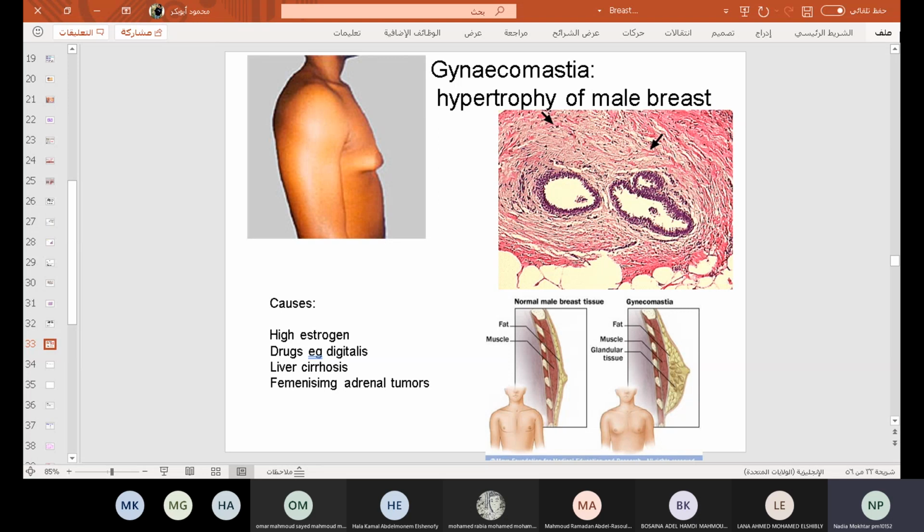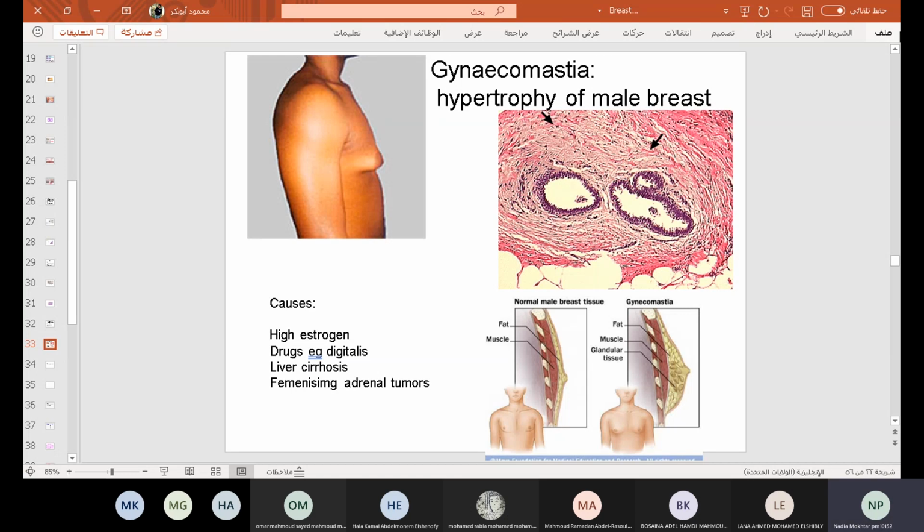Because the liver is a very important organ in our body that is responsible for the catabolism of all the hormones and the enzymes and the drugs. If the liver is cirrhotic and thus out of function, then the hormones and the enzymes will not be catabolized and will stay at a high level in the body, including their hazardous effects.